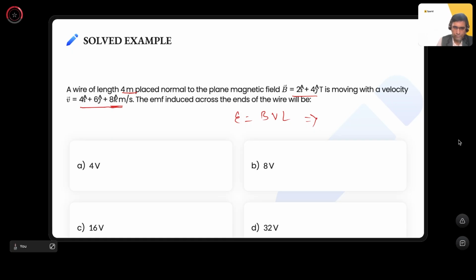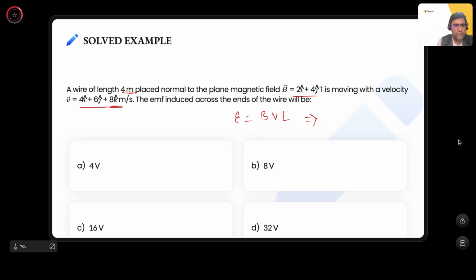Now, the magnetic field over here is how much? Either we can do it, what we can do is find V cross B and multiply it with L. So when we do V cross B, which velocities will be multiplied?